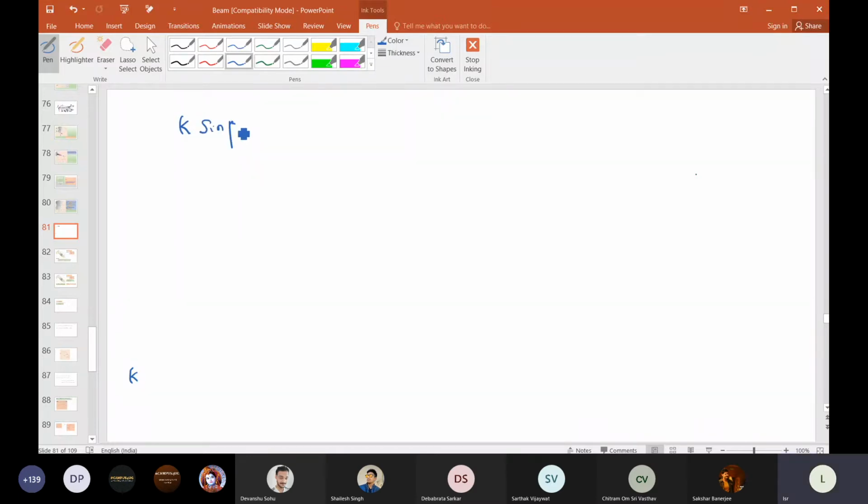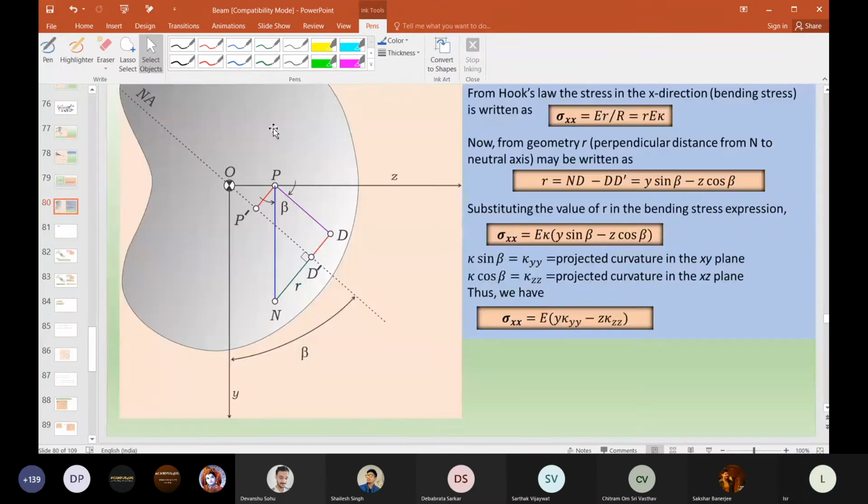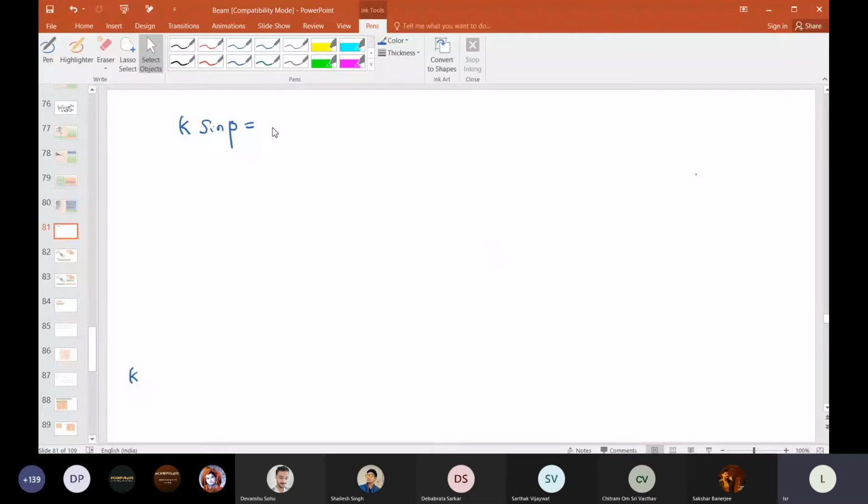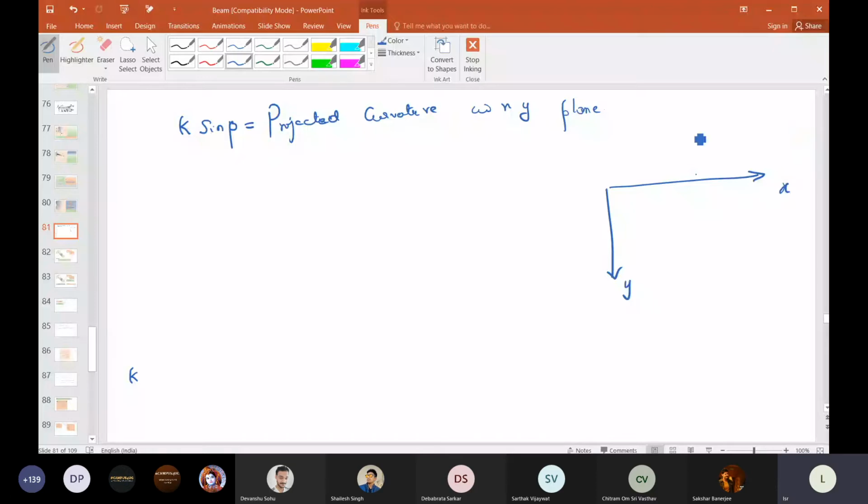Kappa sine beta, they say, is the projected curvature in the xy plane. What does it mean actually? Let us see: x, y, maybe z, maybe like this.